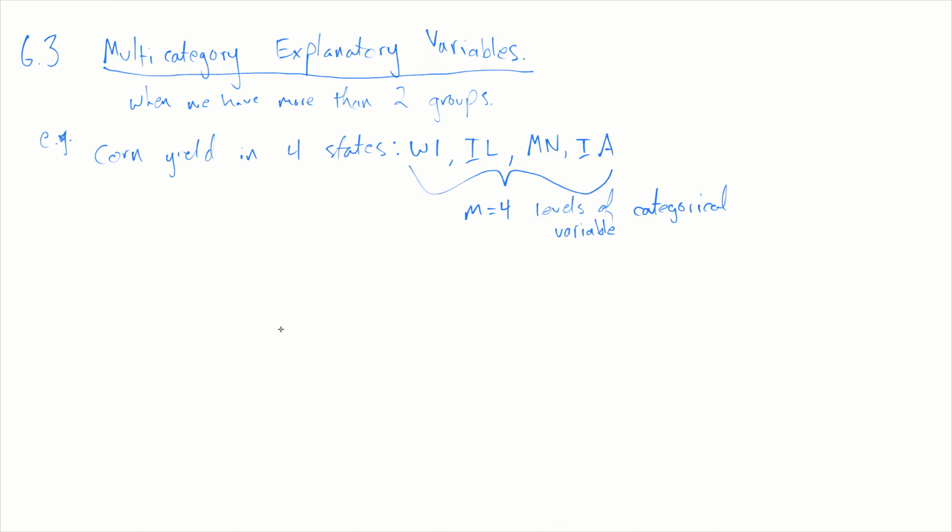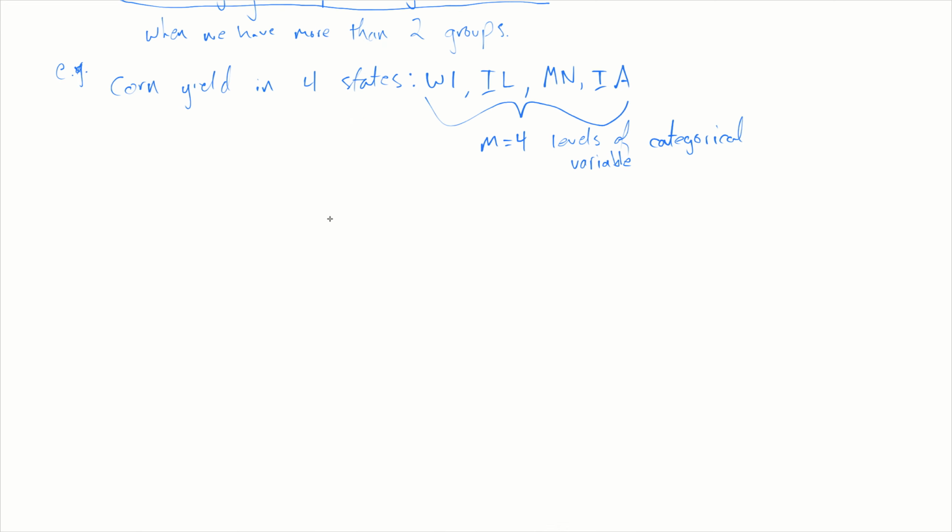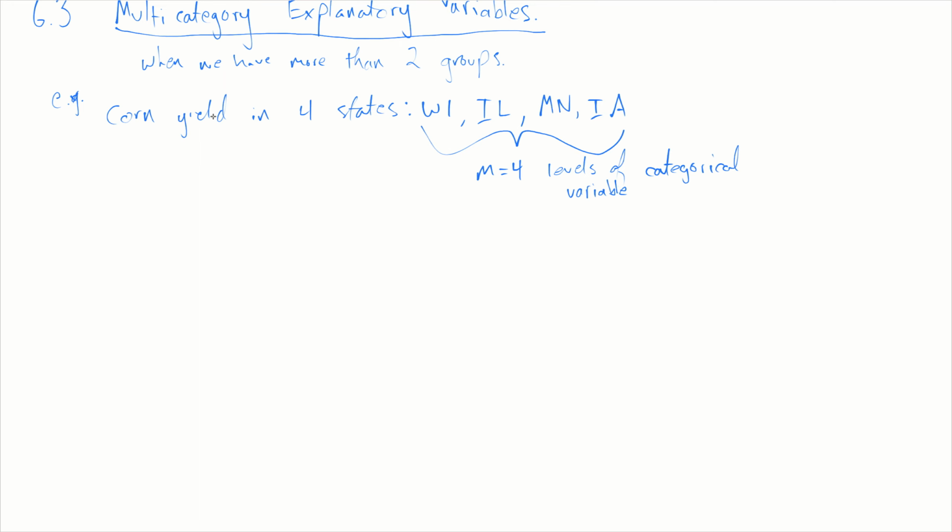So our response is corn yield, and we have these 4 different states. This looks a lot like one-way ANOVA, and in fact it is. But we're going to fit it as a regression instead of an ANOVA.